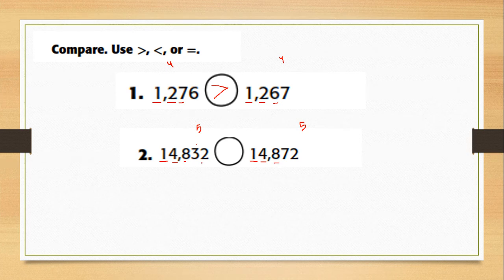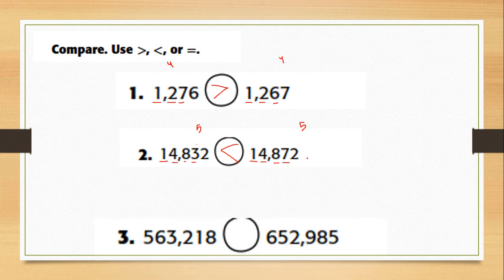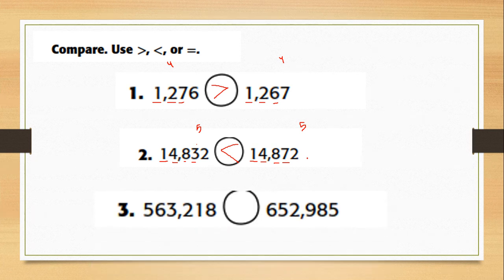The same. Ignore and look at the next. Here we have 3, the other side 7. Which is bigger, 3 or 7? Of course 7. So 14,832 is less than 14,872. Okay, get it?